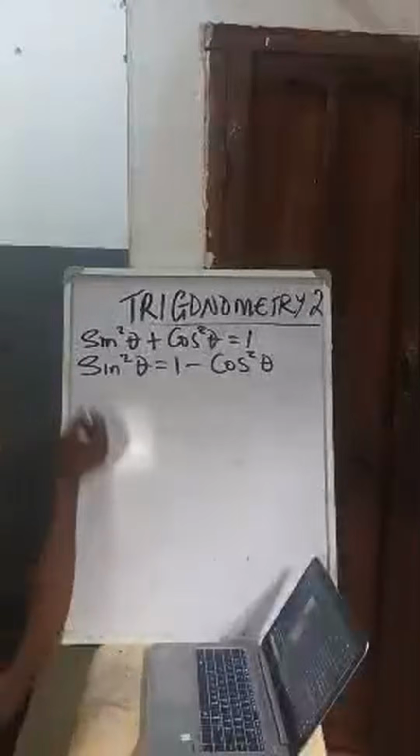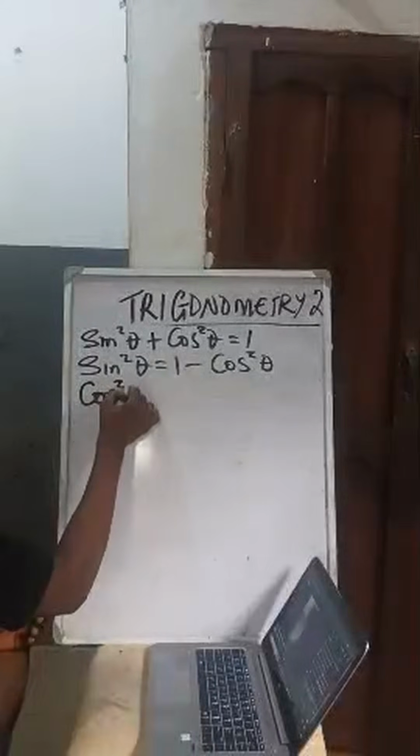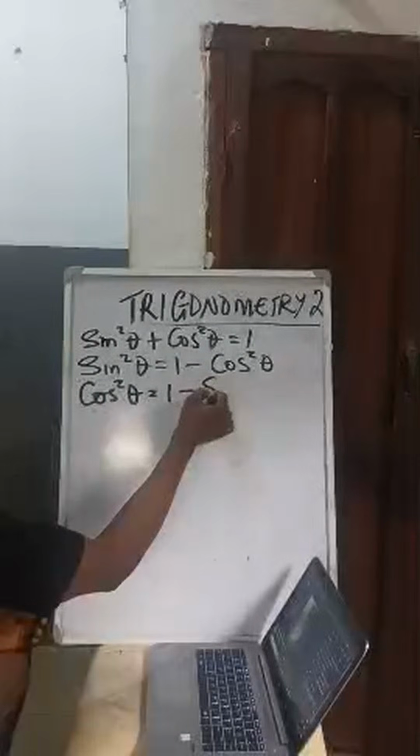Now, cos squared theta is equal to 1 minus sine squared theta.